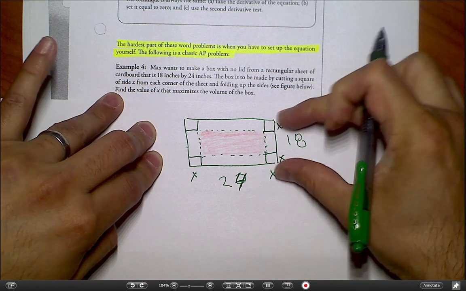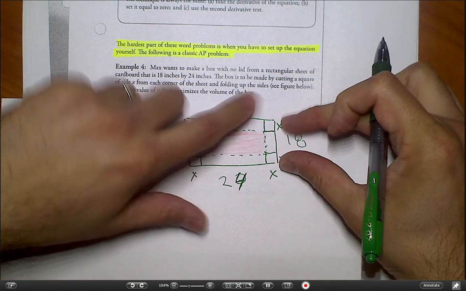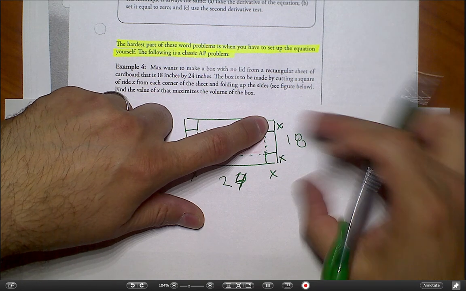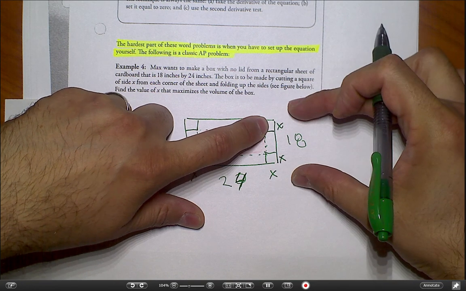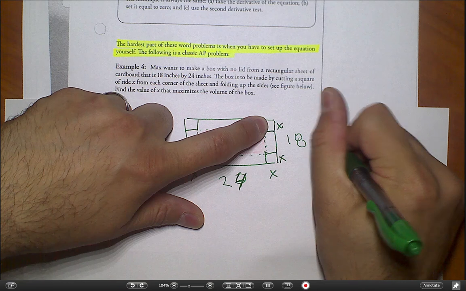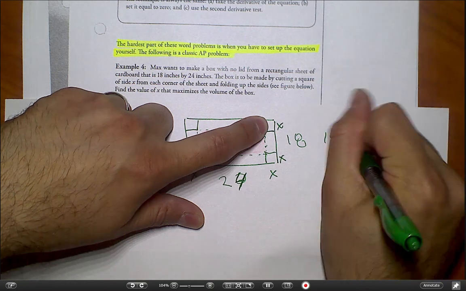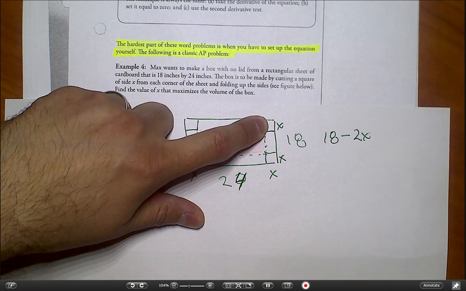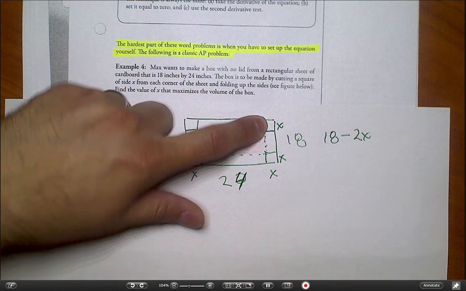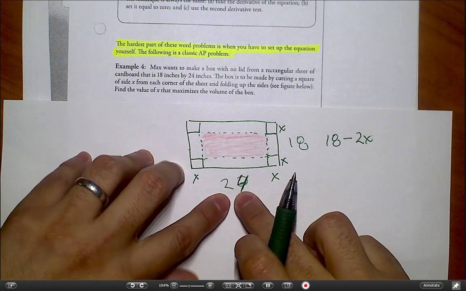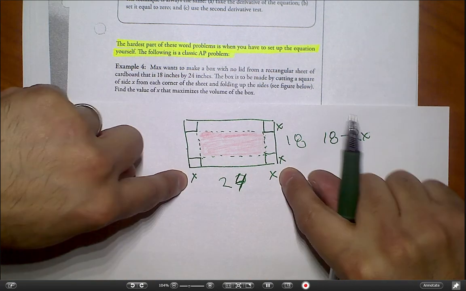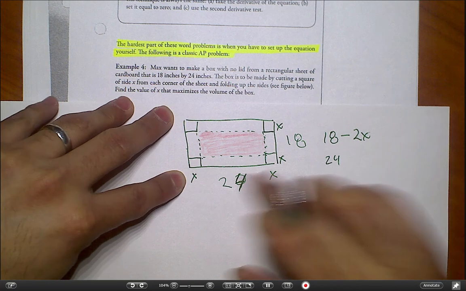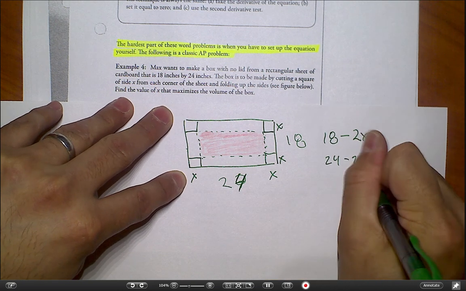Since I'm cutting off some value from here, the length now is going to be whatever it was, which would be 18, minus 2x. My other side is going to be the same thing: I started with 24, and I'm cutting off 2x again.